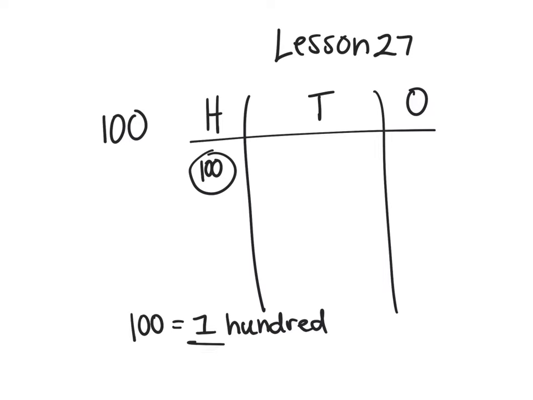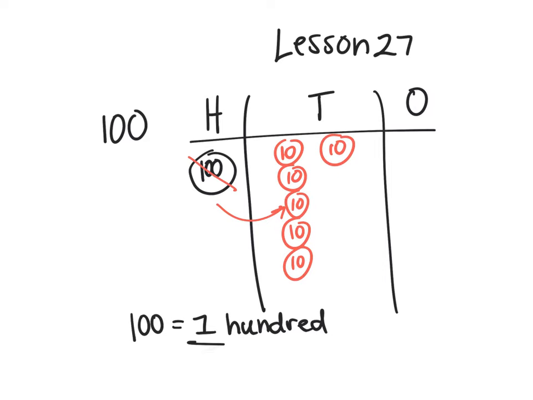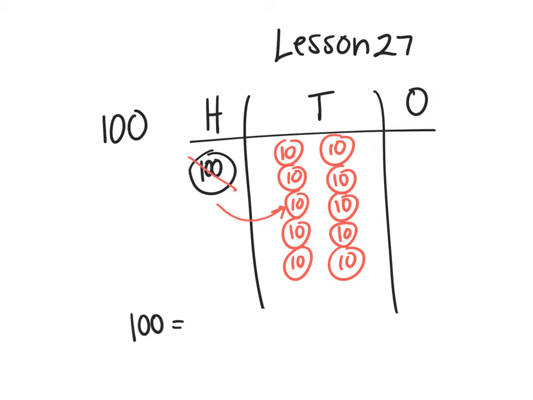I could say there's 10 tens in 100. 10, 20, 30, 40, 50, 60, 70, 80, 90, 100. I have 100 here, which is the same as 1, 2, 3, 4, 5, 6, 7, 8, 9, 10 tens. So I'm going to show that instead of 100, I could say 100 is also equal to 10 tens.